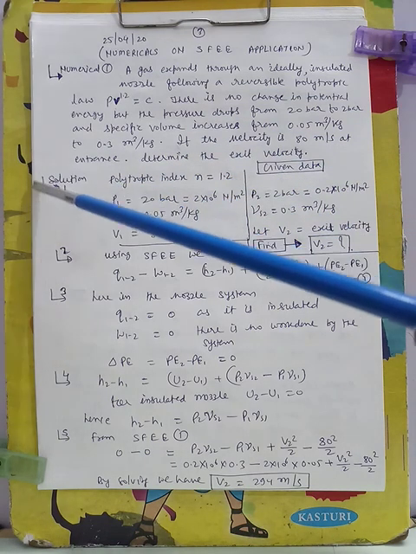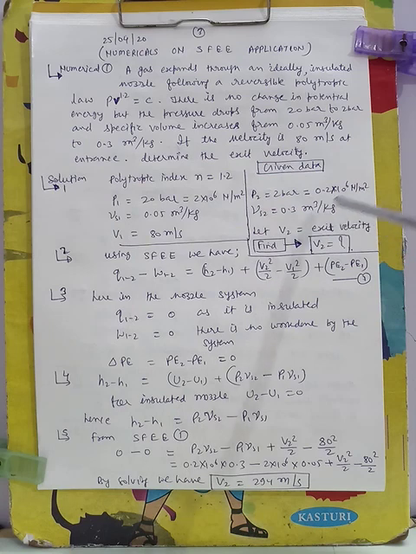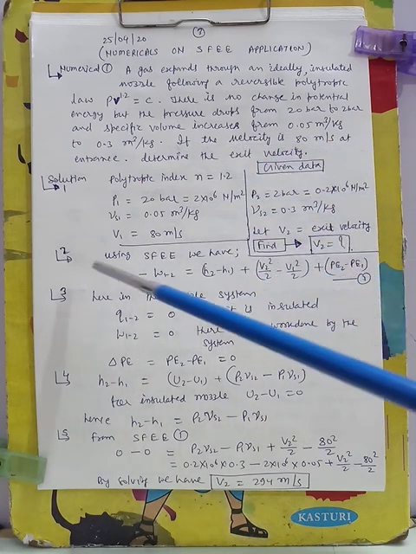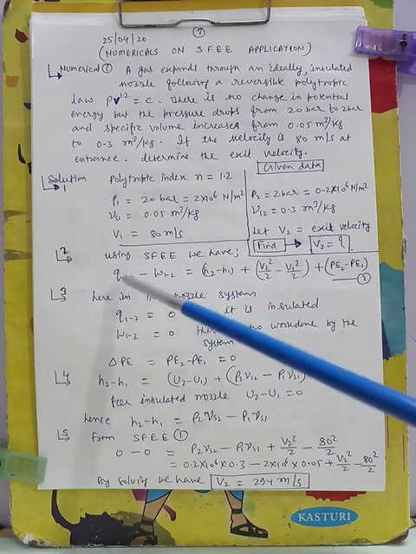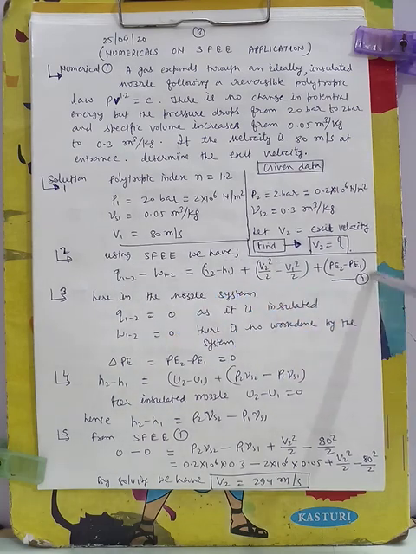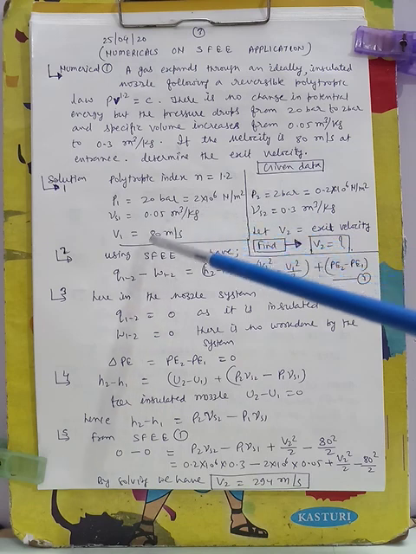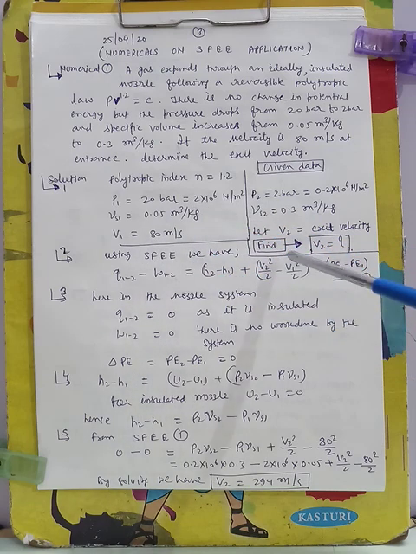This is step number 1, noting down all the data in a very systematic way. Step number 2, using the steady flow energy equation. First we will write the steady flow energy equation, then we will be able to see what is 0, what is given, what is not given.